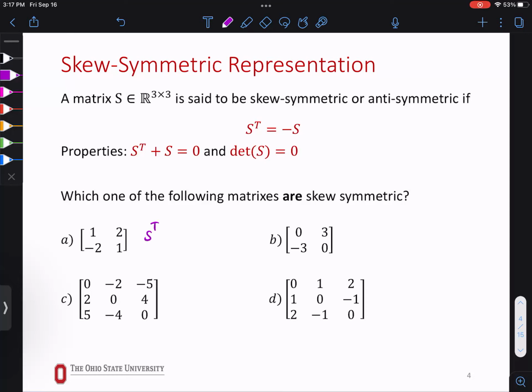So here, I solved this one. Transpose is 1, -2, 2, 1. And then if I add them, 1, 2, -2, 1, plus 1, -2, 2, 1, this is going to be 2, 0, 0, 2.